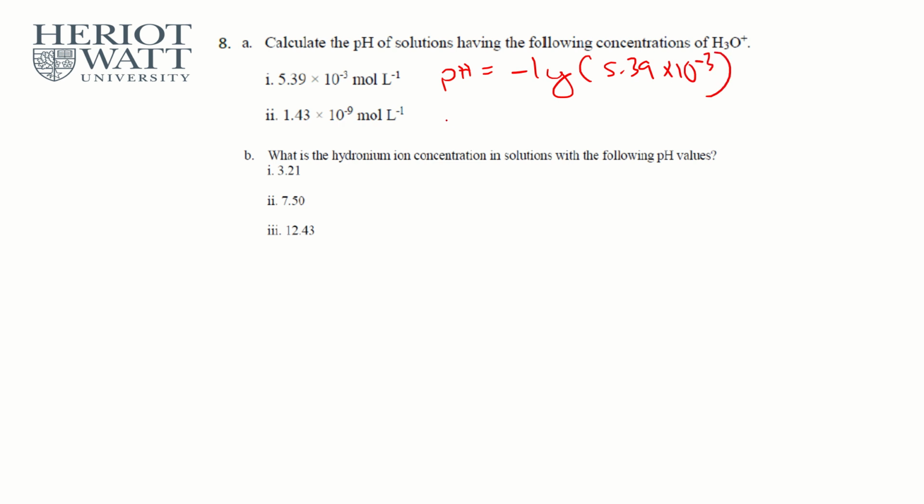There you go. And here same thing, pH equals to negative log base 10, guys. 1.43 times 10 to the power of negative 9. Then you will get the pH for yourself. Okay, so you calculate yourself on this because it's quite straightforward here. That's the pH of the solutions.